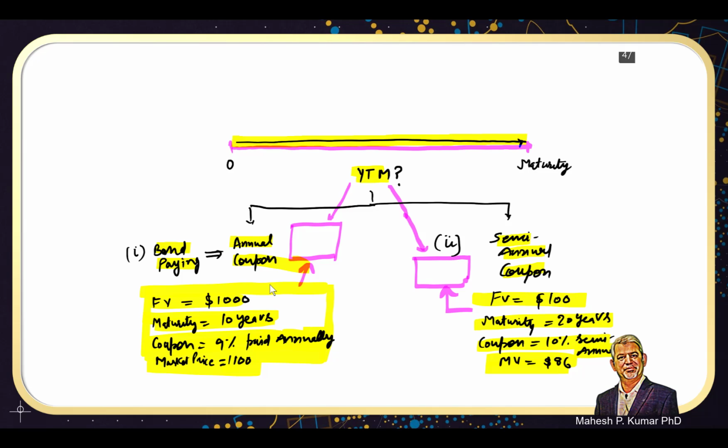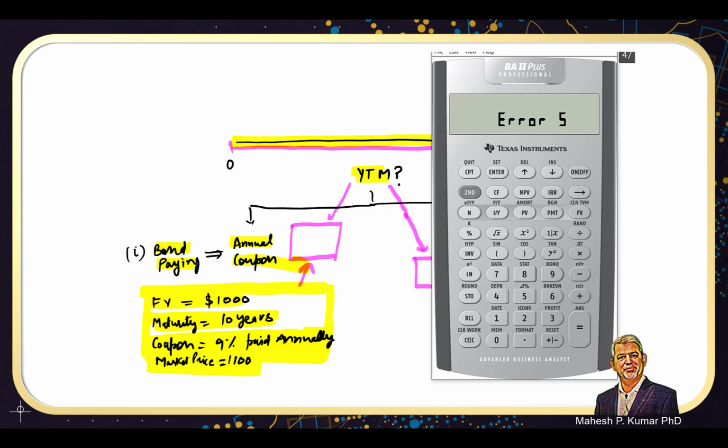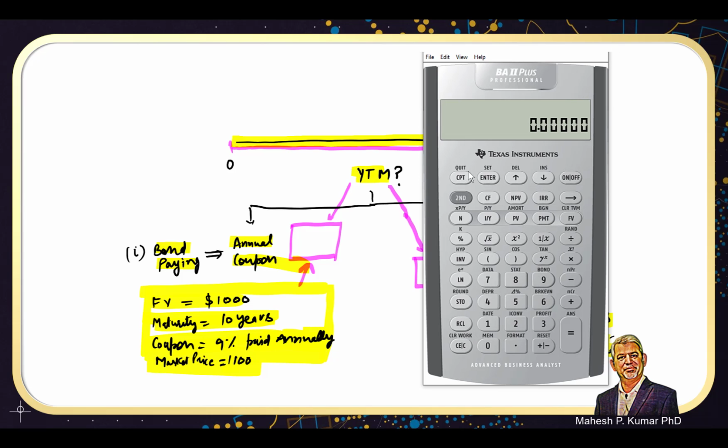Let us first talk of annual coupon paying bonds, and let us do the YTM calculation for this. The YTM calculation would require this piece of information. This bond has a face value at which it matures in 10 years, and that is $1,000.